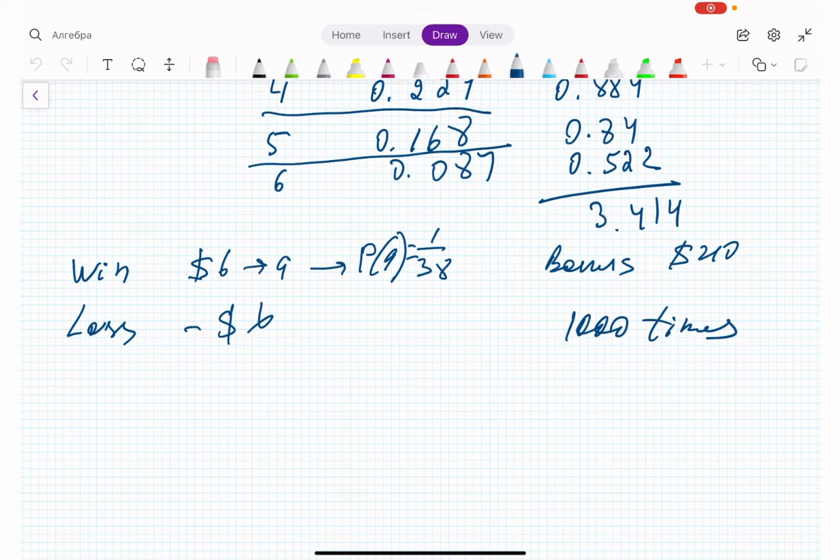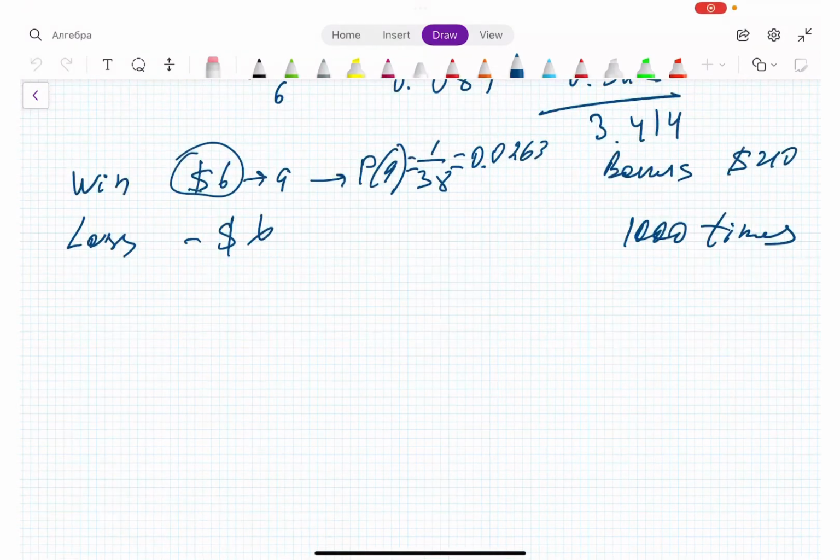So first we need to find the probability of winning. If we are winning, it is 1 over 38. Let me write down how much it is. 1 divided by 38 is 0.0263, for example. Okay, I rounded to that far. How much will be the probability for losing $6?